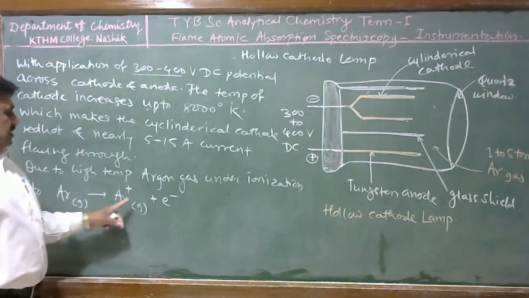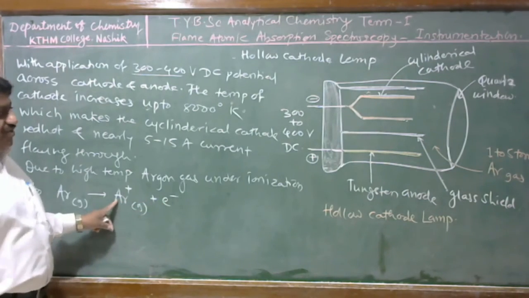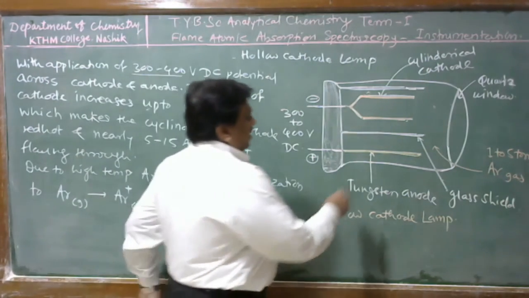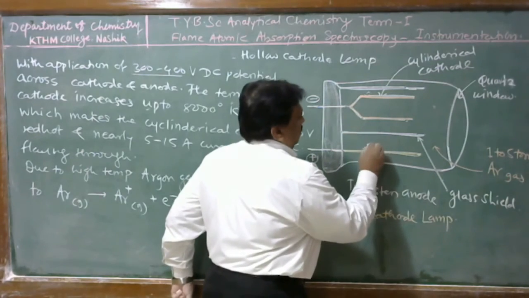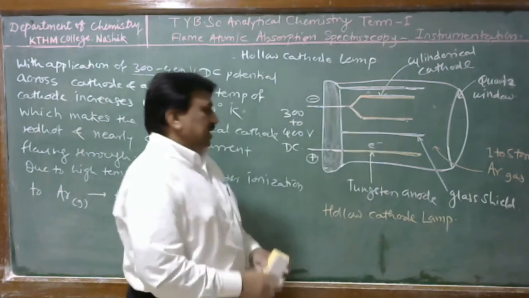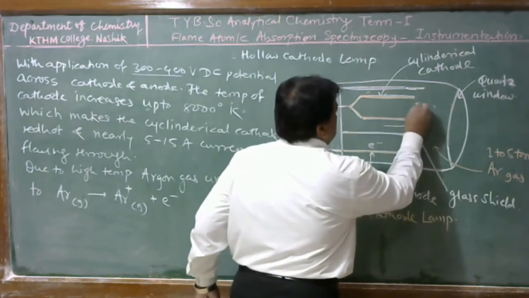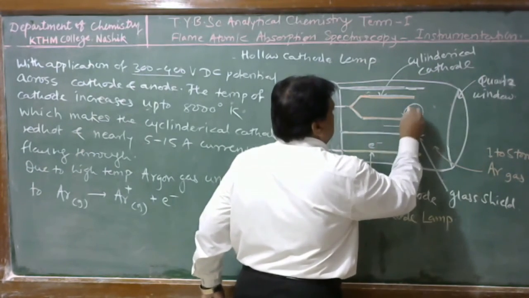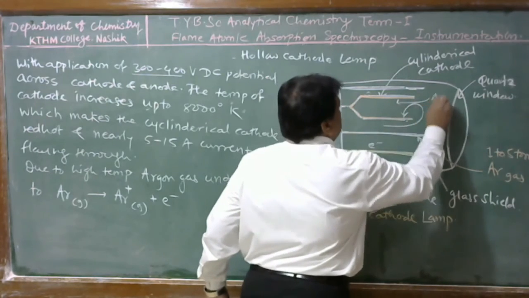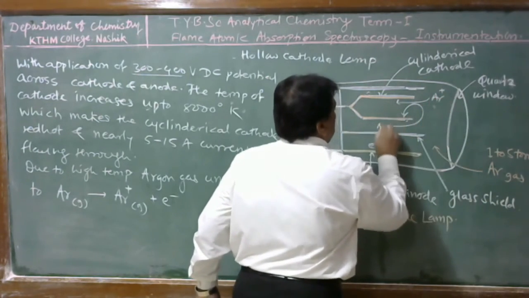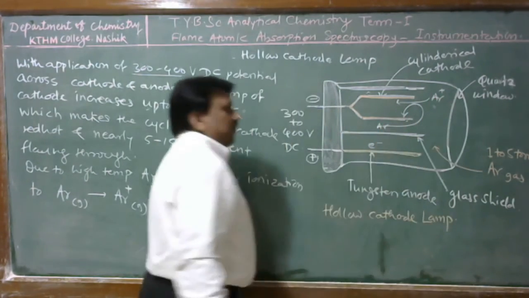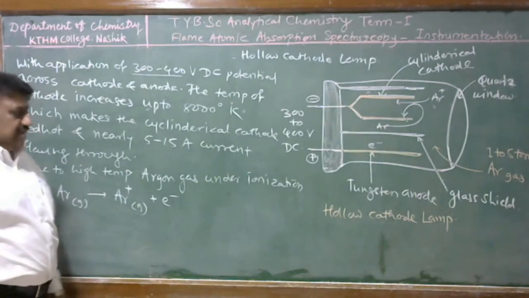Here, as argon undergoes ionization, the ions are attracted towards the negatively charged electrode, and with a great velocity the argon cation strikes onto the wall of the cylindrical cathode.